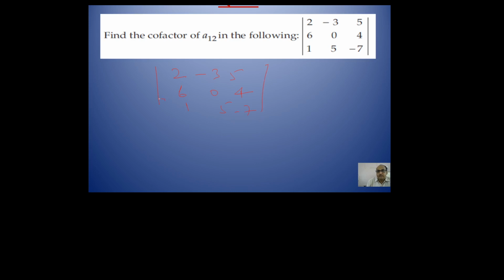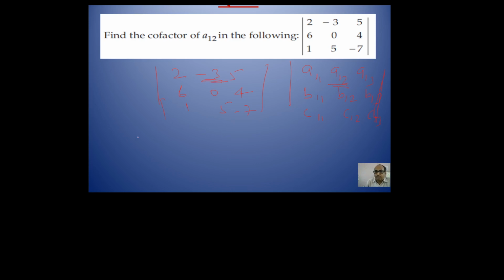It is a determinant, and we all know that it is of the form A11, A12, A13, B11, B12, B13, C11, C12, C13. So in this format the determinant is there, and we need to find the cofactor of A12.